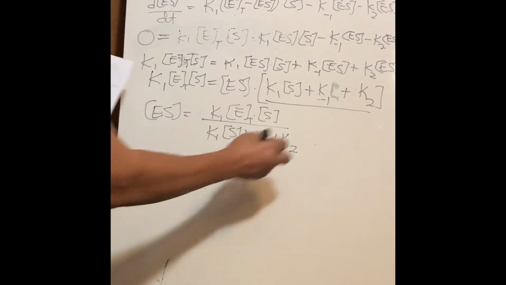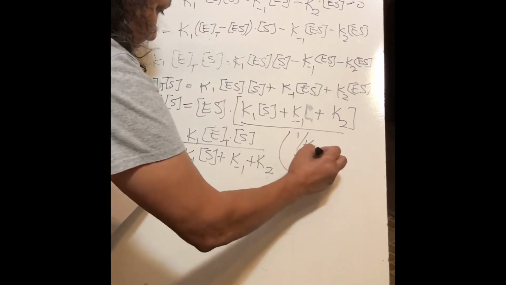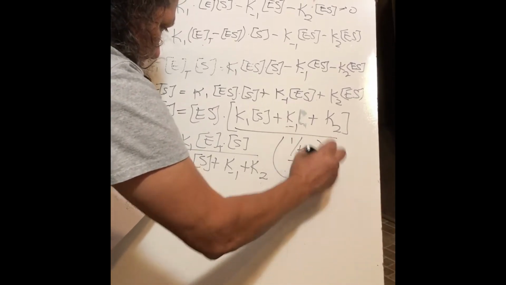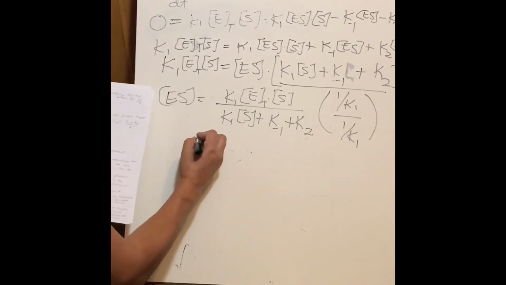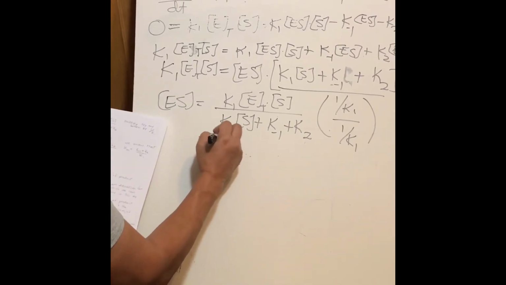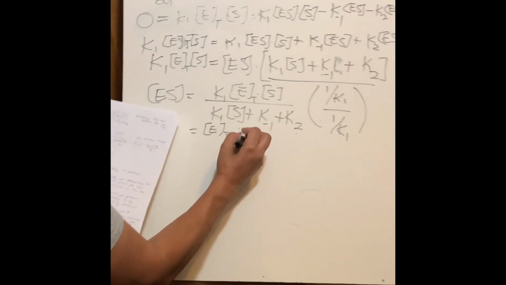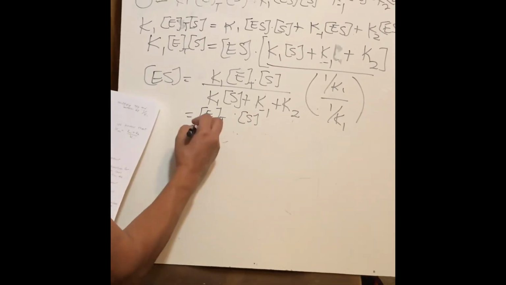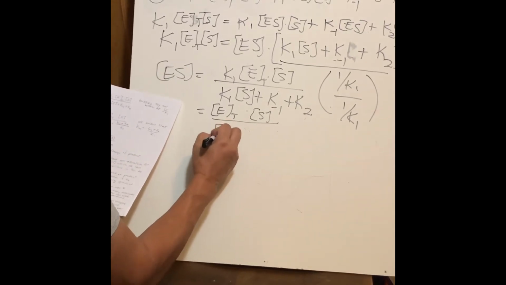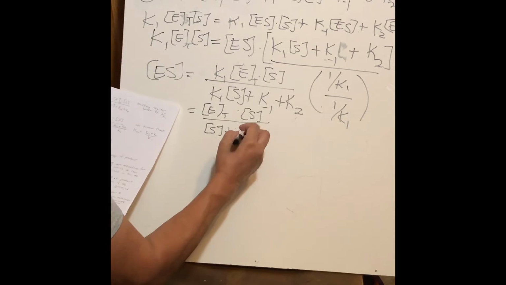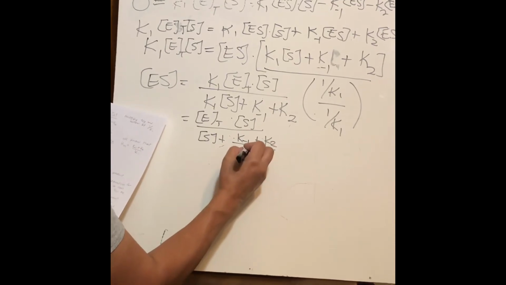And if we multiply the top and bottom by 1 over K1, which is in effect multiplying by 1, that gives us total concentration of the enzyme times the concentration of S, all over concentration of S plus K to the negative 1 plus K2 all over K1.